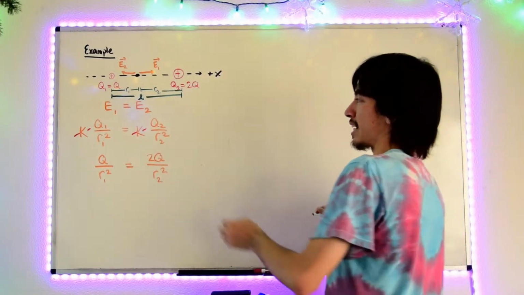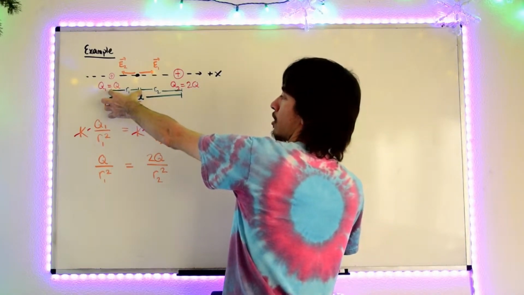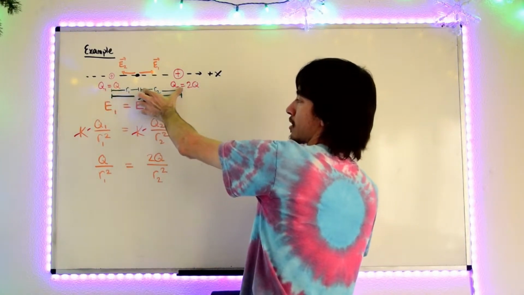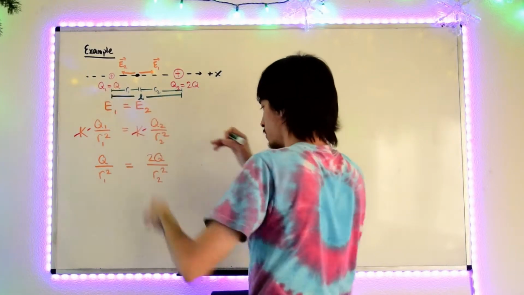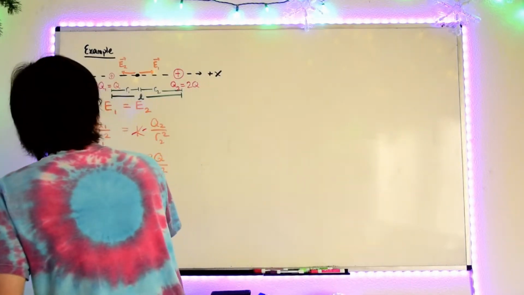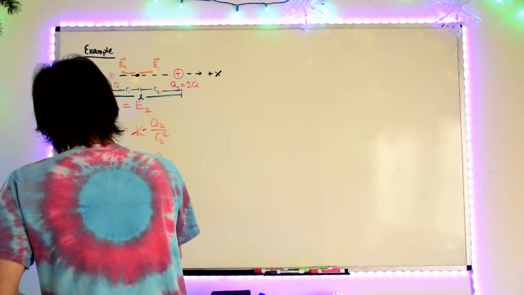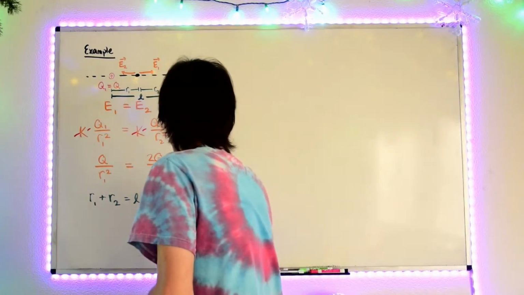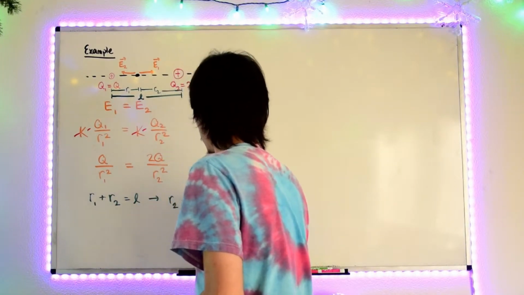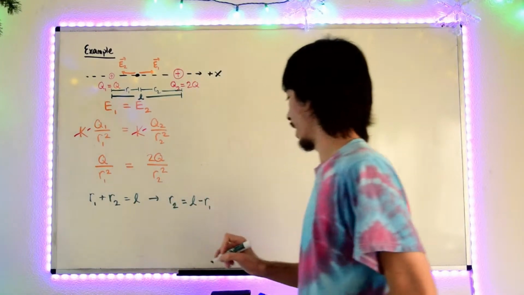I could do that really easily if I realize that the distance R1 plus the distance R2 equals the total distance, call it L. So R1 plus R2 equals L, and we move it around to say that R2 is L minus R1.